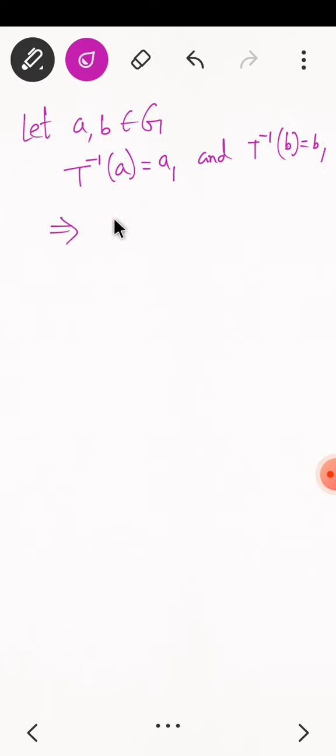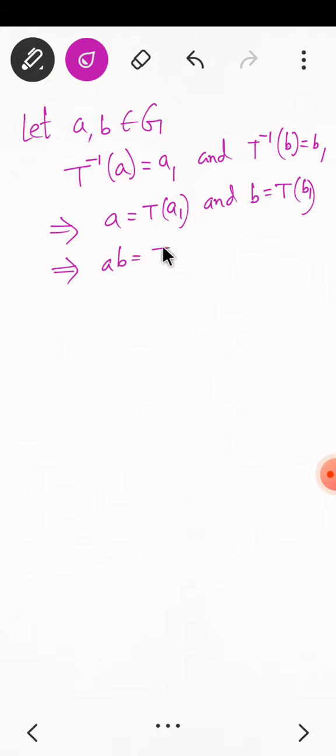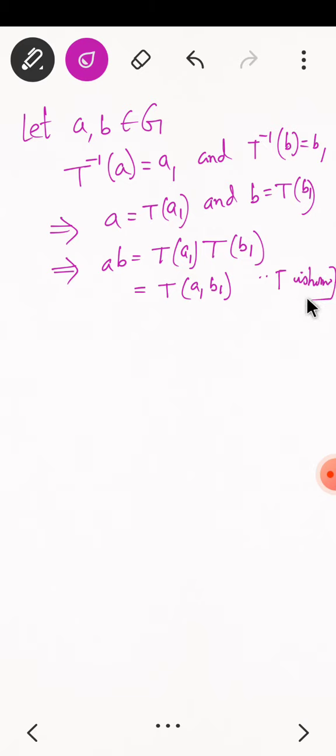So this implies that a equals T(a1) and b equals T(b1). So this implies that ab equals T(a1)T(b1), which equals T(a1b1), since T is a homomorphism.